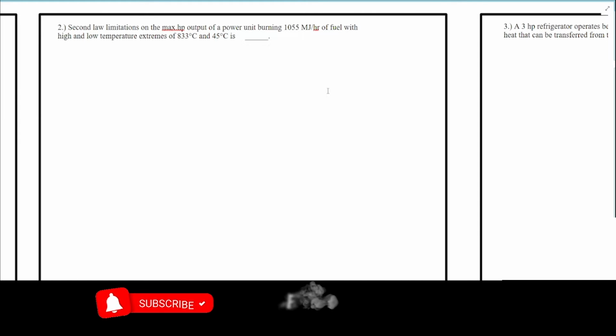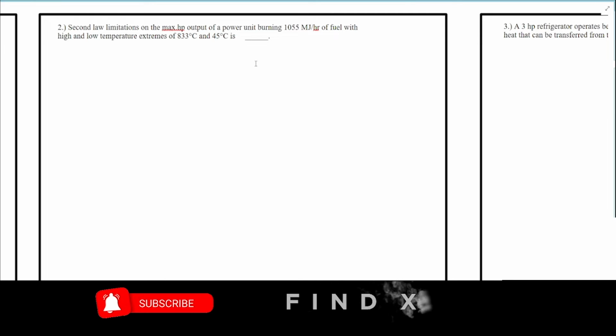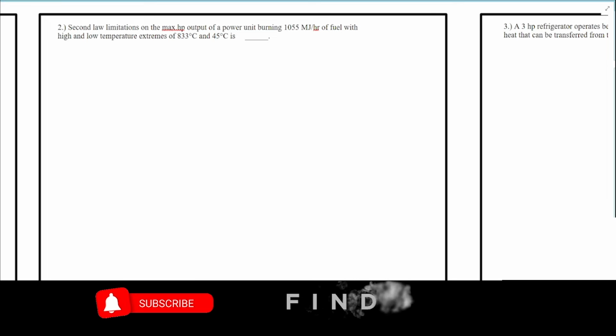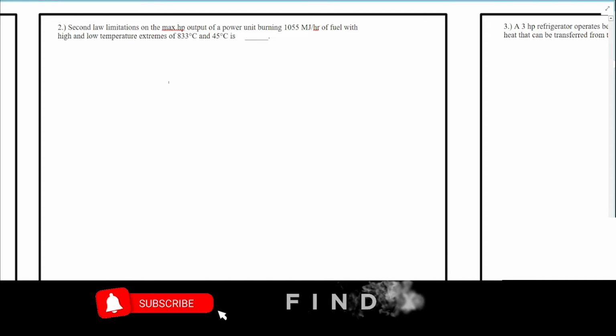The second example, so second law limitations on the max HP output of a power unit burning 1055 megajoules per hour of fuel with high and low temperature extremes of 833 Celsius and 45 Celsius is blank. Okay, so we're looking for a max HP output. So the final answer should be in HP, right? Okay, so let's write down the givens first.